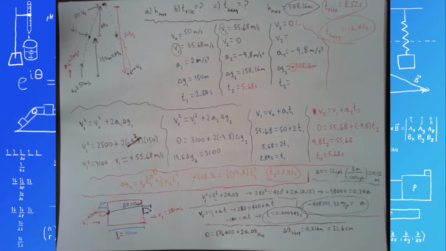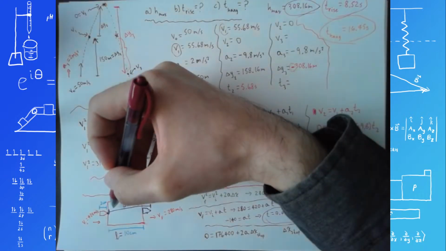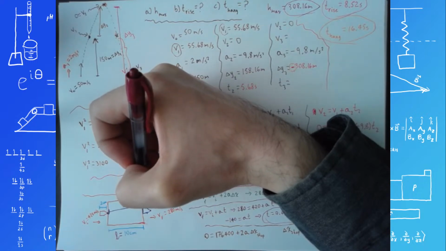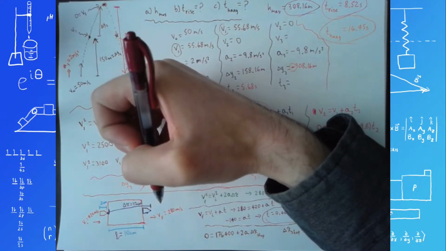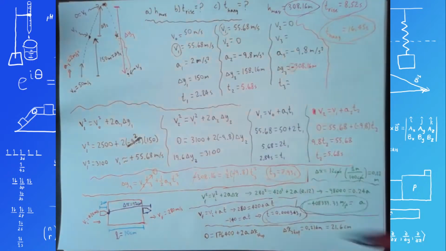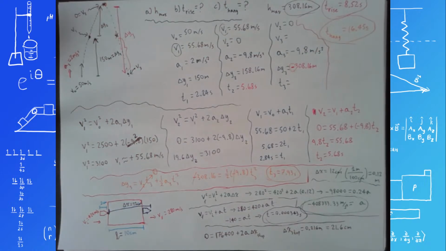Wrong. The question was not asking what displacement the bullet will have in order for it to stop. The question was, what thickness of board do we need? Delta X is the thickness of the board plus the length of the bullet. So we need to subtract 2 centimeters from this.